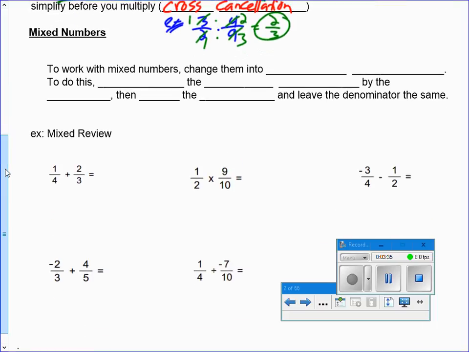Mixed numbers we're going to work with the same as fractions. Only difference with these is we're going to change them into improper fractions first. So to do this, we had a shortcut we talked about back in that first unit. We multiply the whole number part of the mixed number by the denominator, and then we add the numerator.